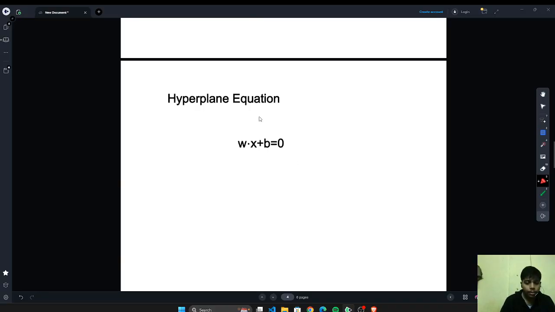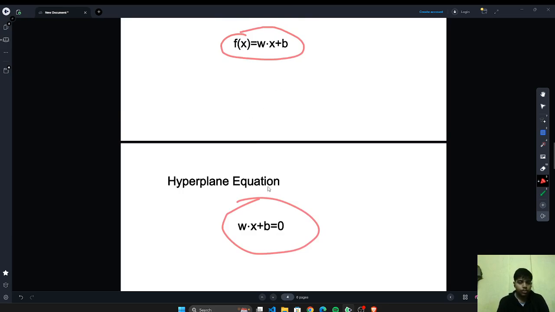The equation of the hyperplane is w·x + b = 0. Both are similar to the equation of a line, with weight, input, and bias. Let's see how we integrate SVM in our Python code by writing code.